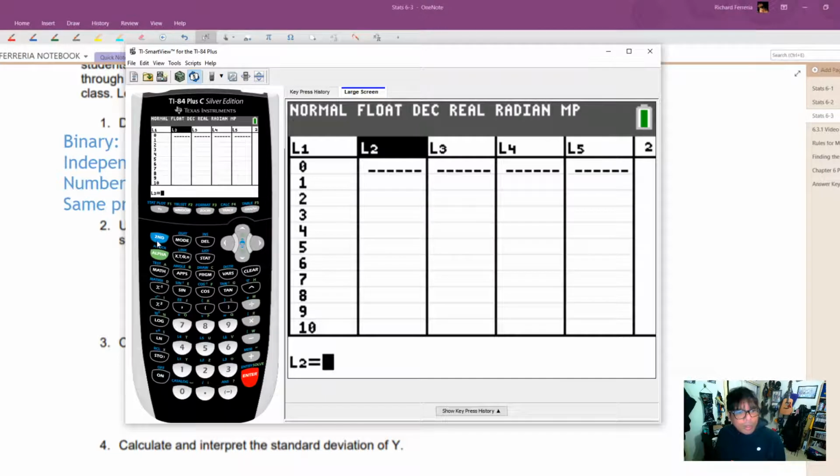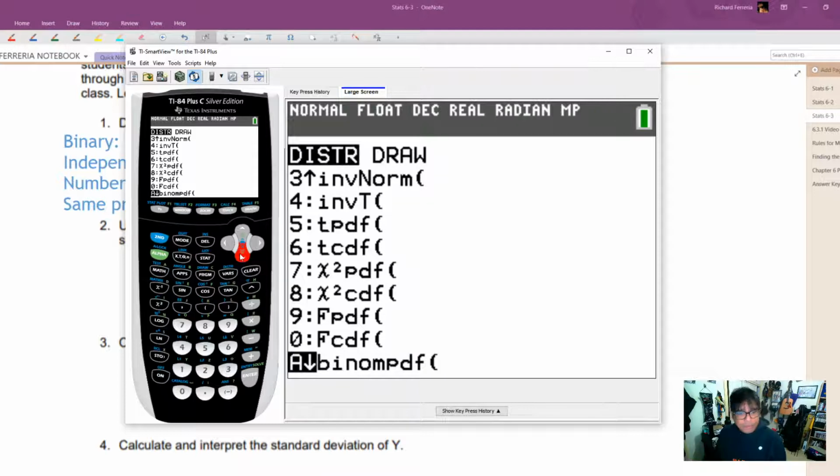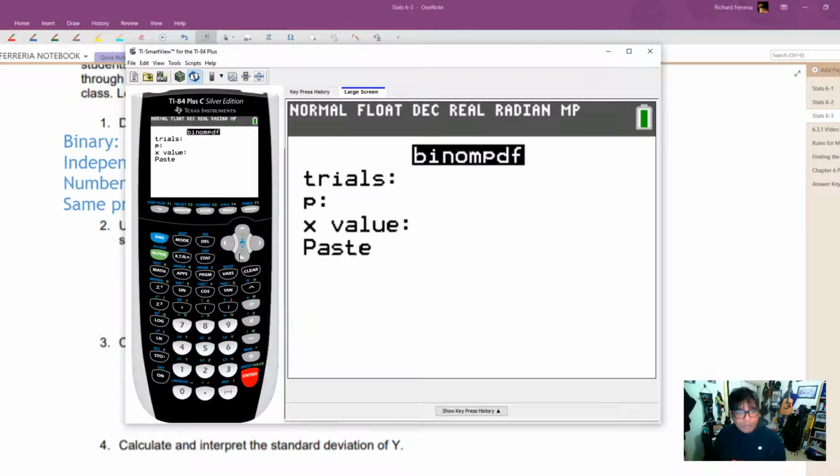And what we want to put there is a binomial PDF. So we scroll down to A. We want binomial PDF, with 10 trials, probability of success 0.2, and the X value, where we evaluate, we want that to be whatever is in L1.